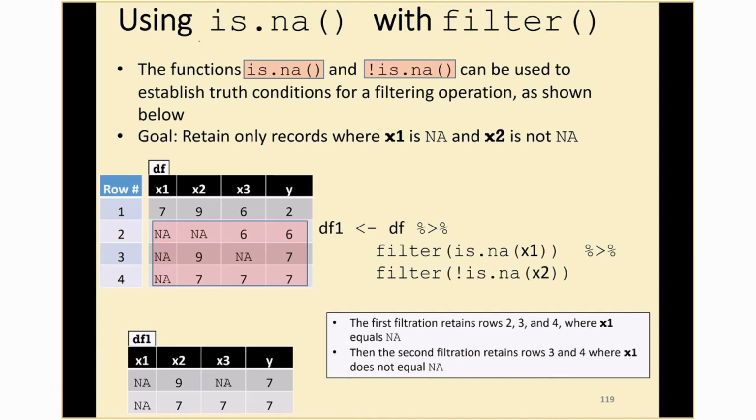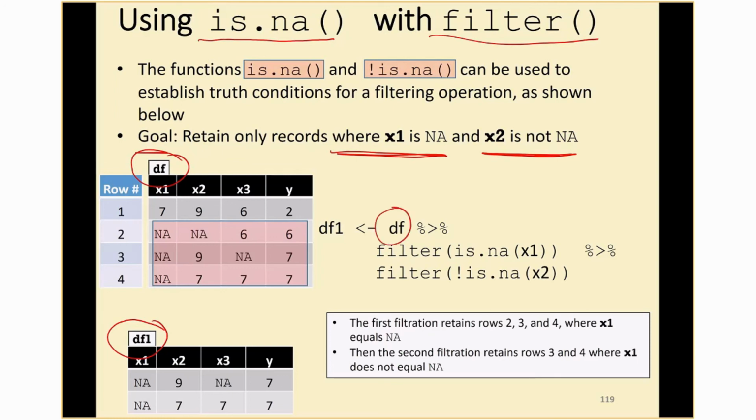We're once again going to use the is.na function, but now instead of combining it with mutate, we're going to combine it with filter. Our goal is to start off with df and come up with df1. The whole idea is we want to retain only those records where x1 is NA and x2 is not NA. So we're going to start off with df, and we're going to do 2 filtrations. The first is we're only going to retain those records for which x1 is NA.